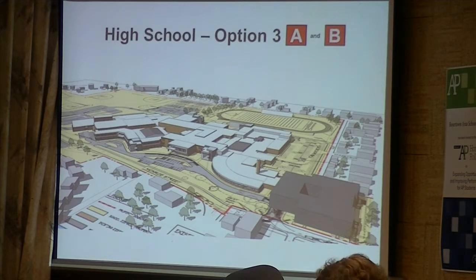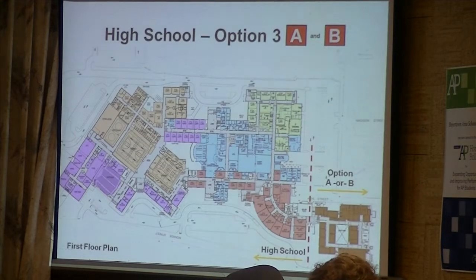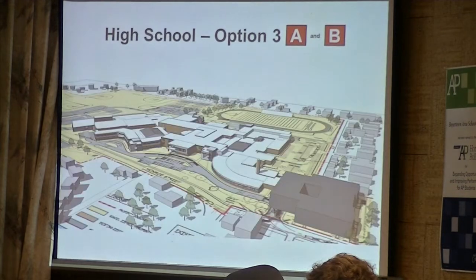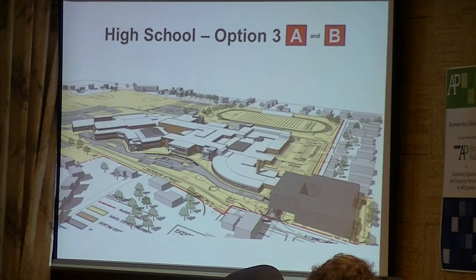The gray portion is the original high school and the additions that were put on over time. That's the portion of the building that isn't currently planned to be utilized in the high school program.